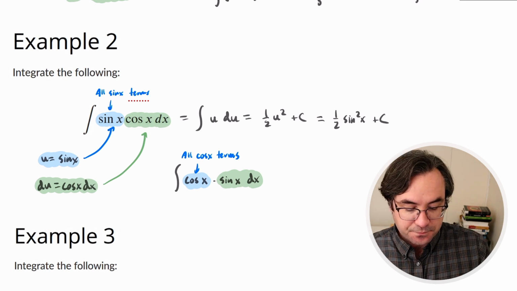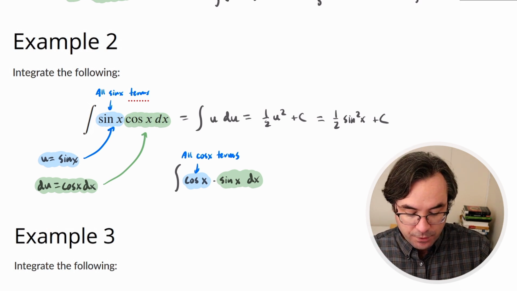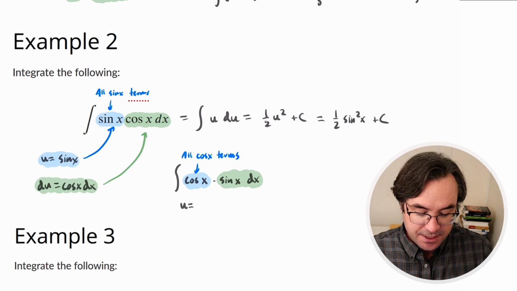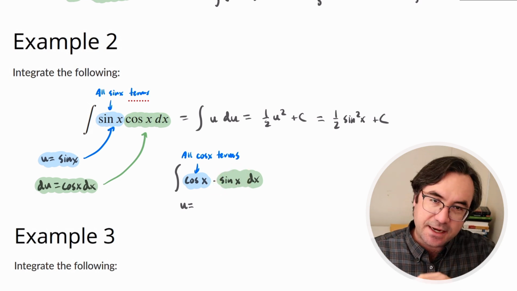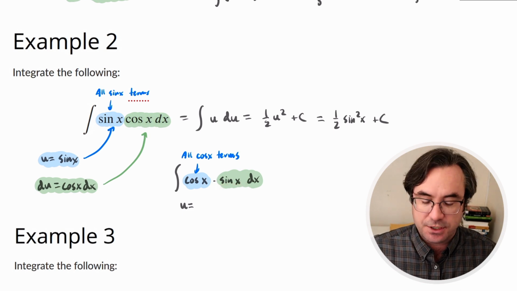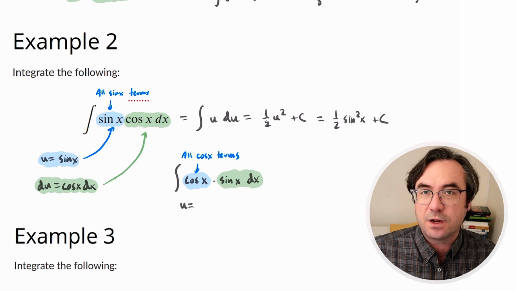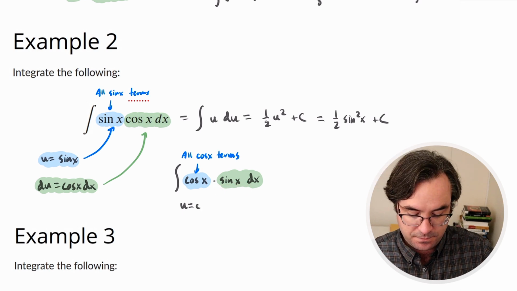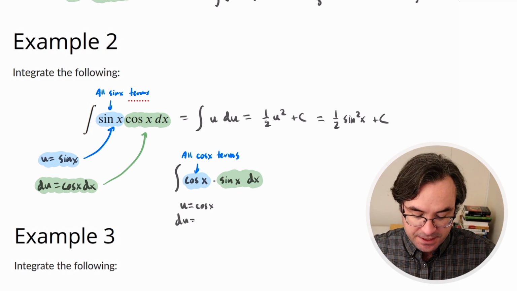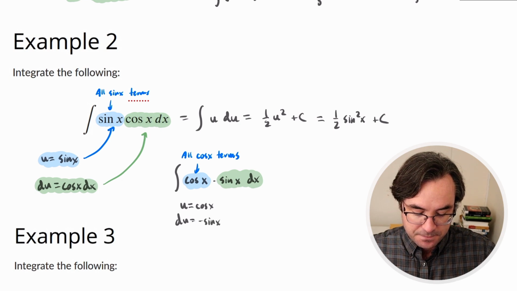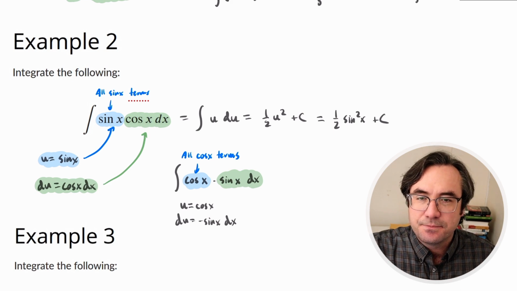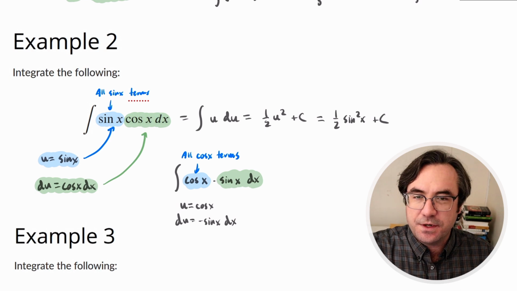All right. So now we would do a u substitution. So our u substitution in this case, since we peeled off that sine x and we put it next to our differential, we're going to let u equal the opposite trig function. So we're going to let u equal cosine. So then the derivative of cosine is negative sine, multiplied by dx. And now you can see here, you've got to do a little bit of work with the differential.